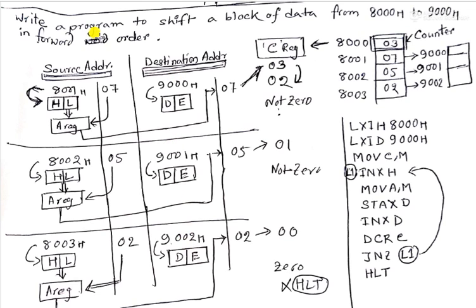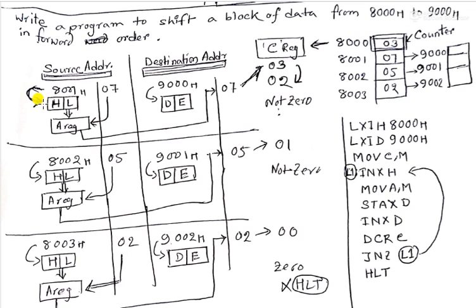The source address has to be loaded in some register. If we do not store this value in some register, every time we have to move this value to the accumulator. This is a lengthy program.